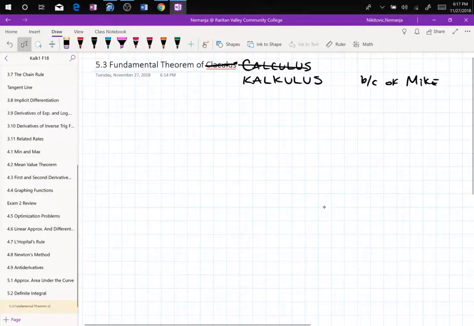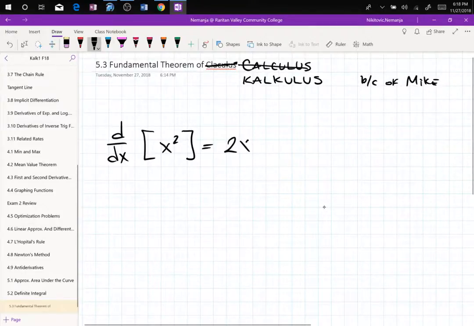But then we have operators. And mathematical operators change functions. So they operate on functions and change functions. So you have the derivative operator. The derivative operator would take a function, say x squared, and change it into 2x.